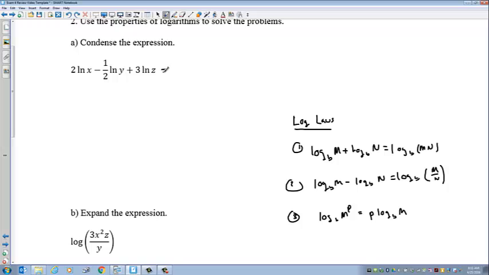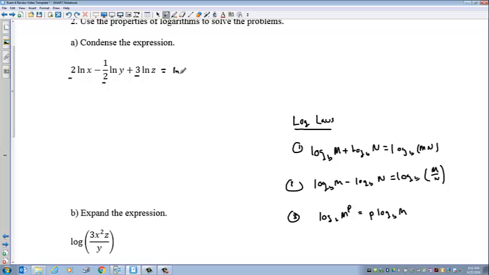So this is going to be equal to, there's all kinds of things you can do. You can kind of see what you're going to do here. When you subtract, you divide. When you add, you multiply. But first, we have to get rid of these products and turn them into powers. So I'm going to use rule 3, which allows me to take this 2 and put it up in the exponent of x.